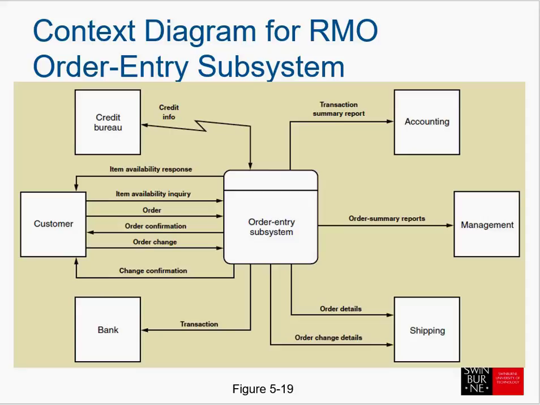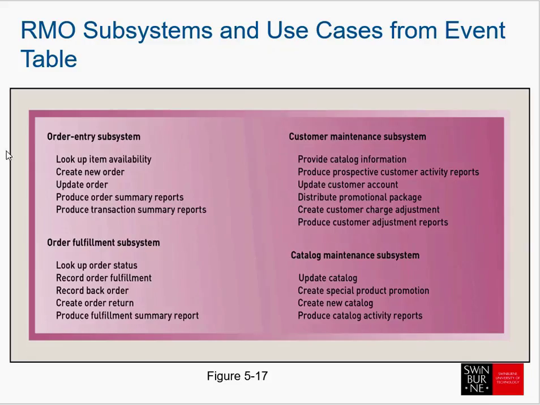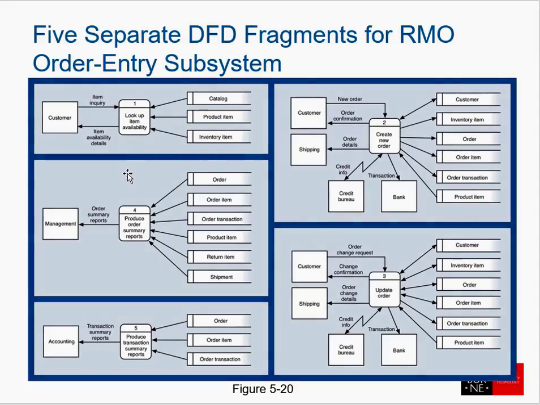And then for each use case, we have here 1, 2, 3, 4, 5 use cases in the order entry subsystem. So the business analyst has developed 5 data flow fragments.